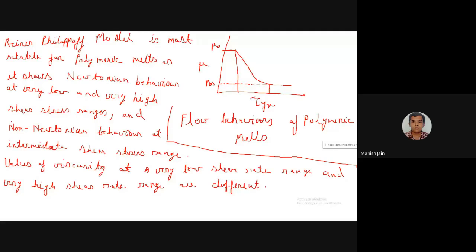Okay, so these are the differences between the Ranier-Filipov model and the Alice model.